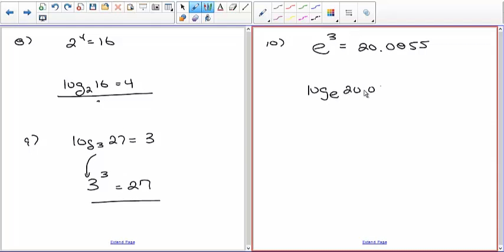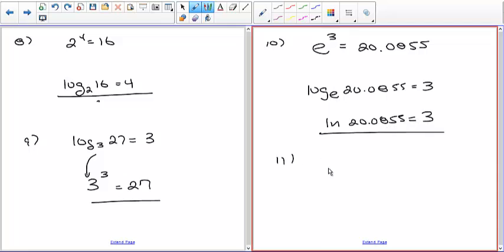So this becomes the log base e of 20.0855 is equal to 3. But we would rewrite the log base e as the natural log. So this is the answer: the natural log of 20.0855. What power do I need to raise 2.71828 to get 20.0855? Well, it's to the third power.